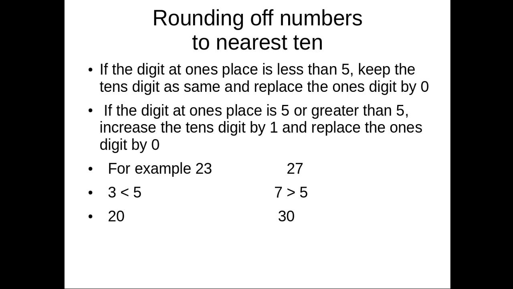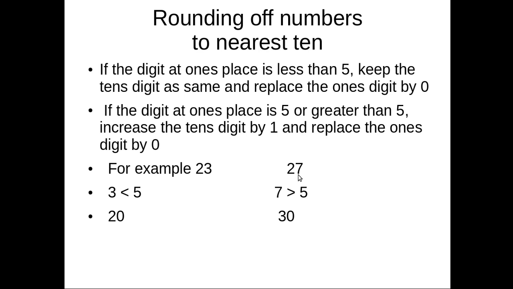See the example, 23. Since the unit place is 3, which is lesser than 5, what we have done is keep the tens place digit the same and replace the ones place digit by 0, and we get the nearest 10 of 23 as 20. Now see another example, 27.